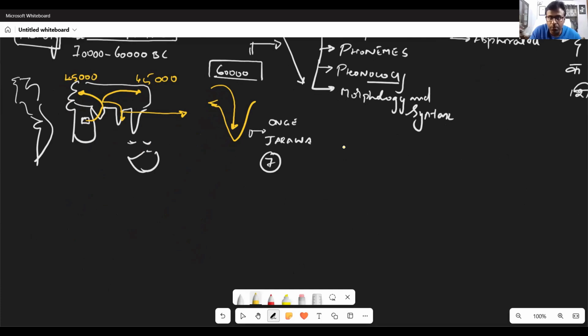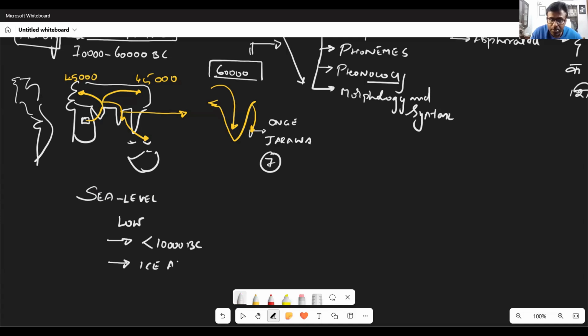As to the question of how this movement in the islands happened, it was not only there; they also reached Australia. That was because in this time the sea level was low. You should know this fact that till 10,000 BC there was a cycle of ice ages.